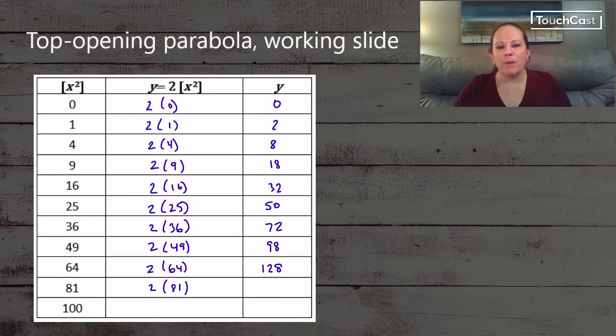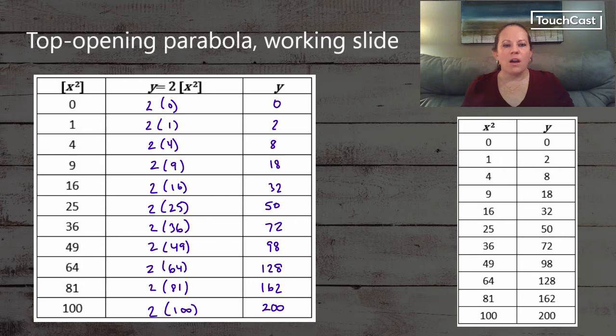So that's partially because we chose a really simple function here to use as the example. And last but not least, when I take 2 times 100, I get 200. And so these are now the values that we're going to plot.